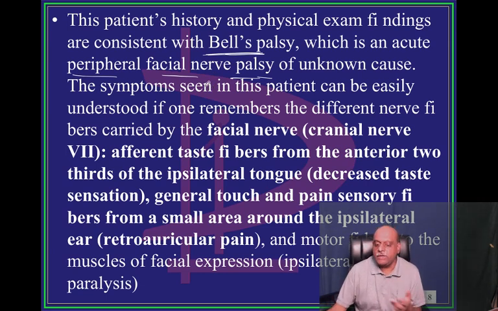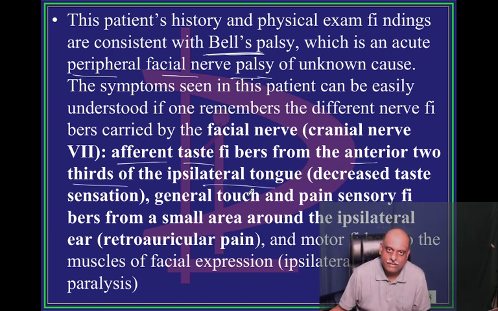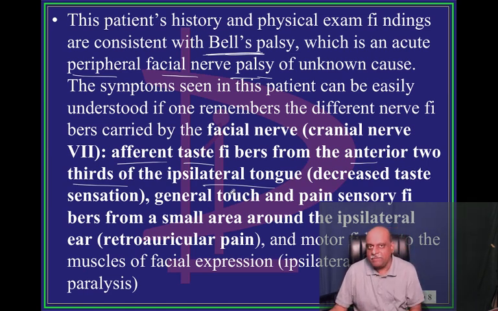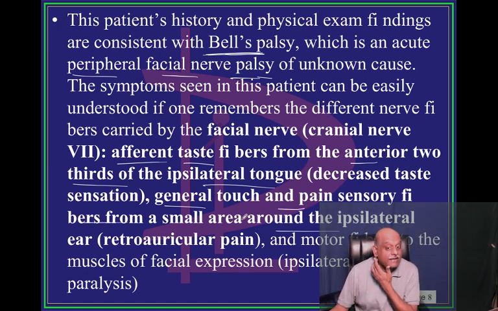So what is facial nerve supply? Afferent taste fibers from the anterior 2/3 of the ipsilateral tongue, because chorda tympani is carried by the facial nerve. General touch and pain sensory fibers from a small area around the ipsilateral ear, that is retroauricular pain.